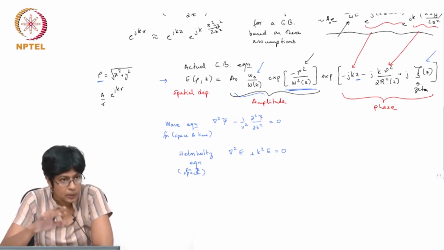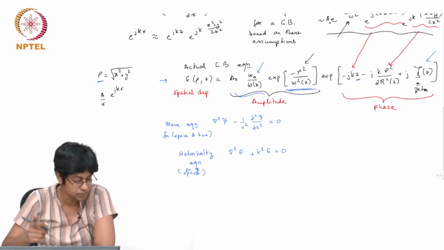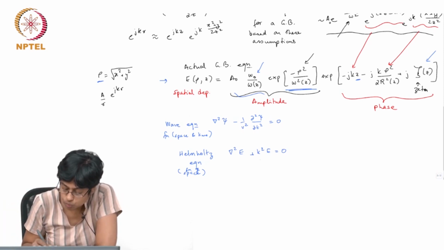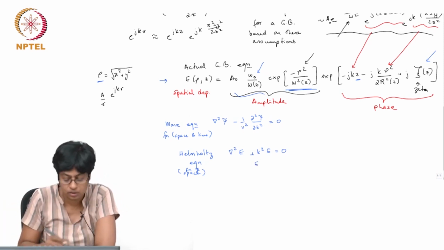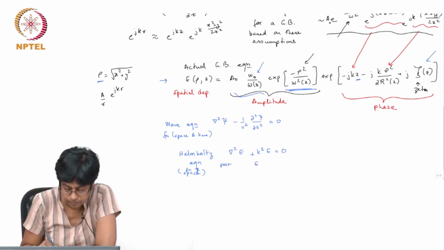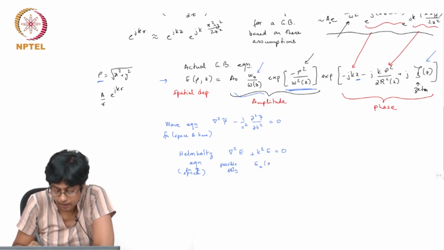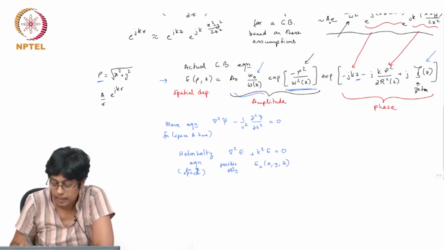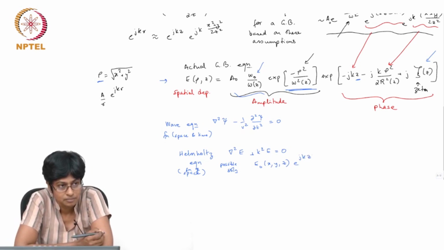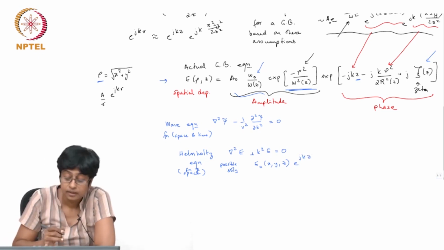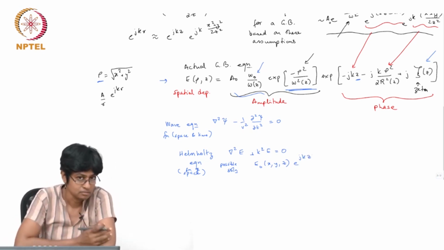Now, if I didn't know anything, if I didn't make any of those assumptions, one possible solution to this is to say I have an amplitude and I have a phase. Okay. So here I have not made any assumptions.